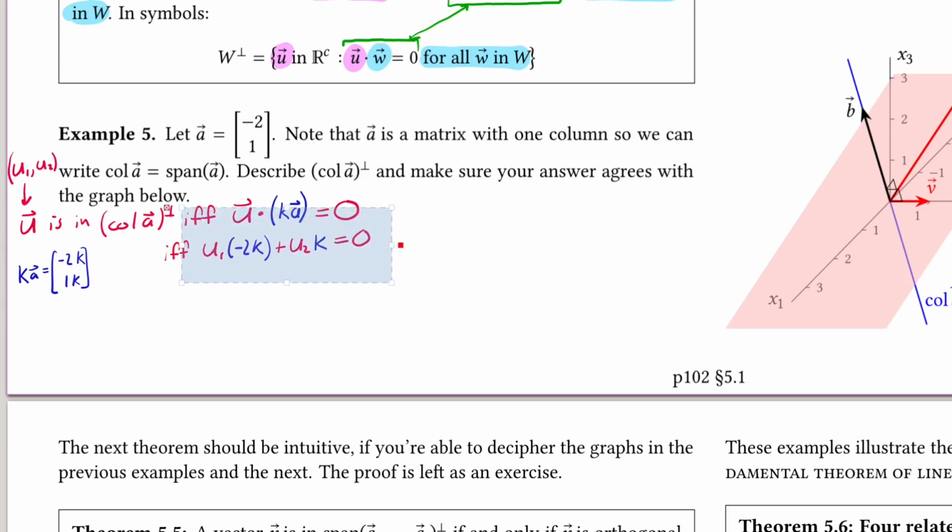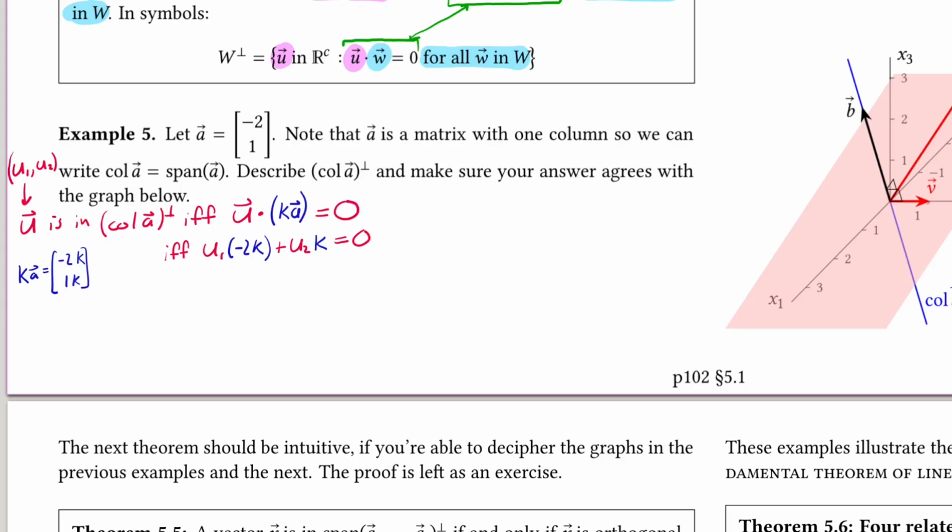Now at this point, we could divide both sides by k because 0 divided by k is just 0. The k's should all cancel out. You can do that as long as k is not 0.